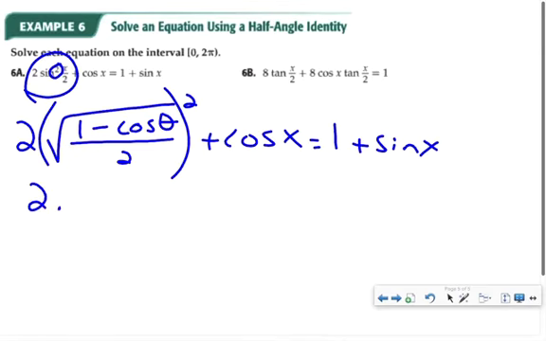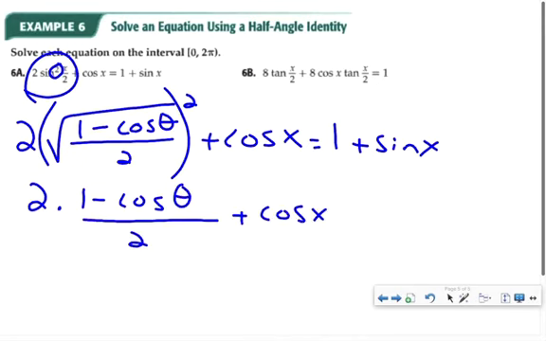So I have 2 times 1 minus cosine of theta over 2 plus cosine x equals 1 plus sine x.